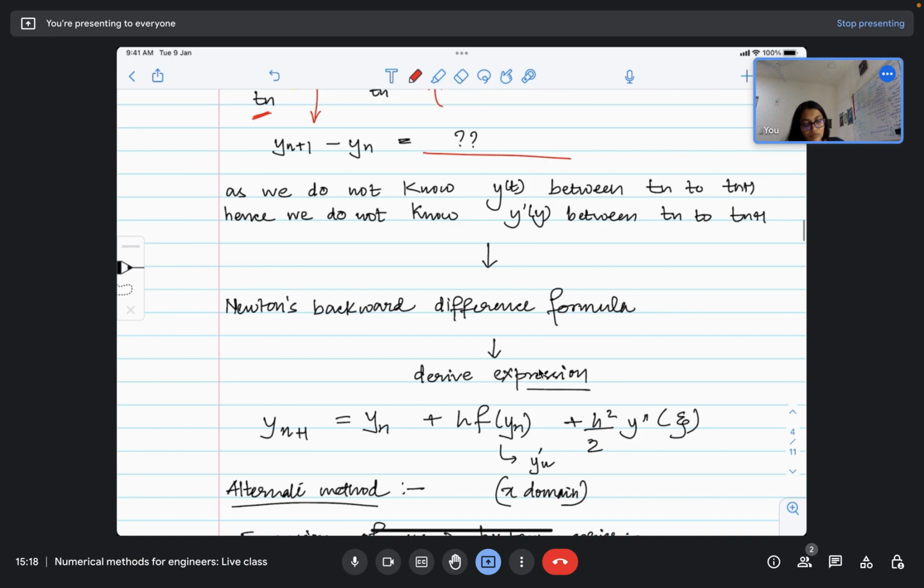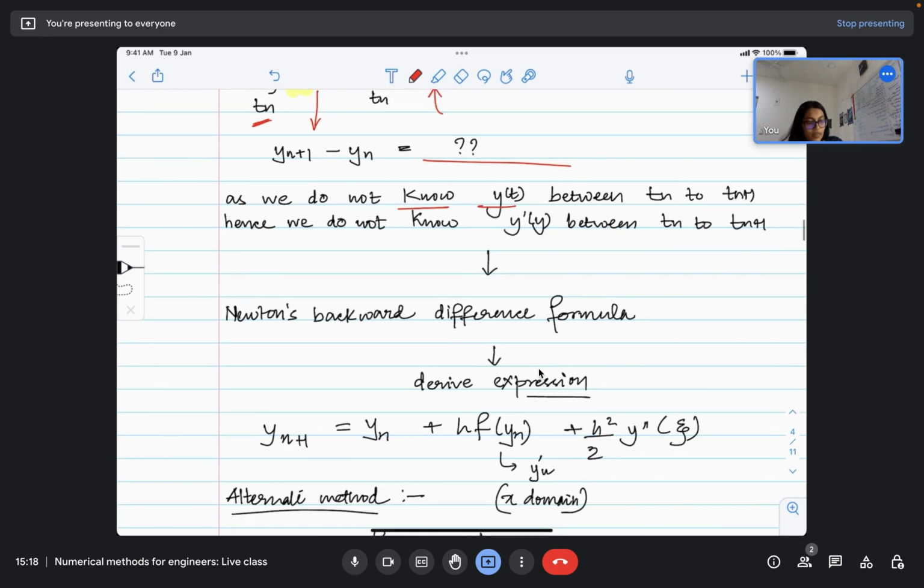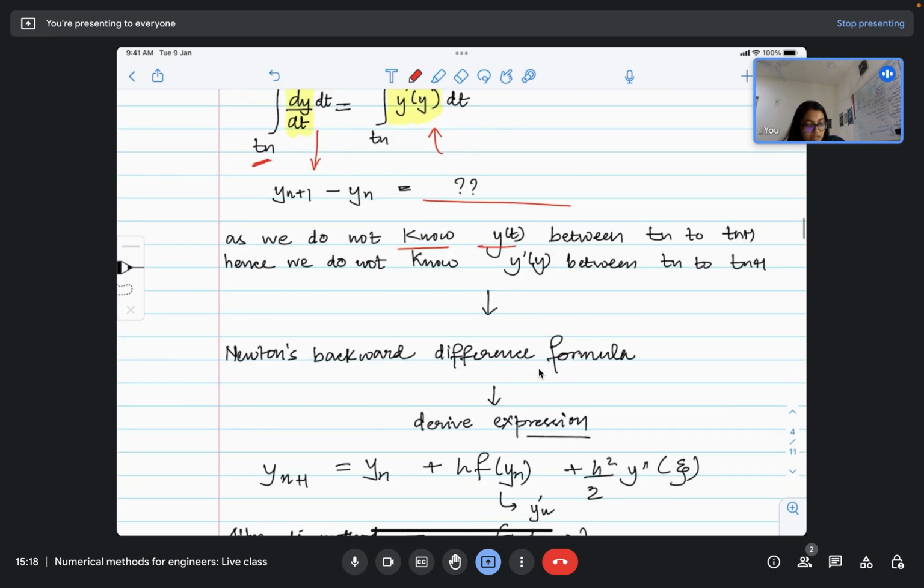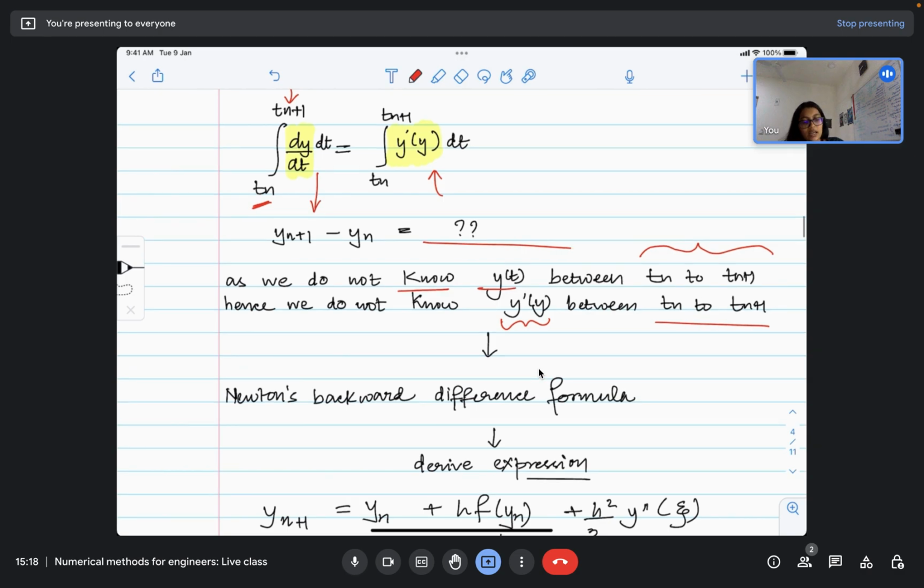As we do not know the value of y between the interval t_n to t_{n+1}, we do not know its slope in this interval either. So we will go ahead and understand how to estimate the value of the function at that point, and then the slope.